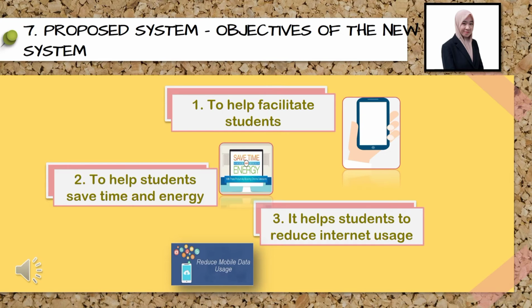Indirectly, with this Coresta system, it can help students save internet data. It is because, as students, there are many other things we need the internet for, such as tasks or assignments that require us to watch YouTube or do research and so on.